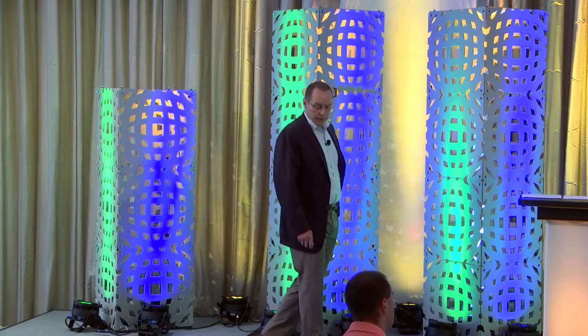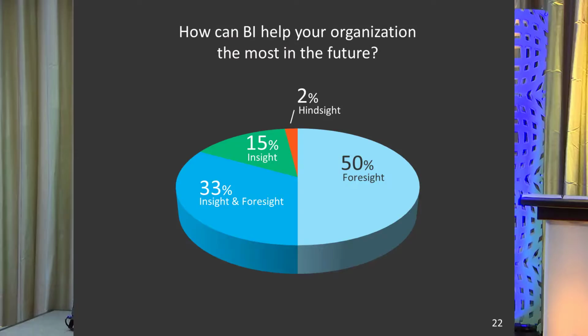We have a few slides here. This one, I really liked the results. It's what I expected, but it validates it. So 50% are thinking that the future of BI will help us look into the future better than what we're doing today. That's the foresight piece.